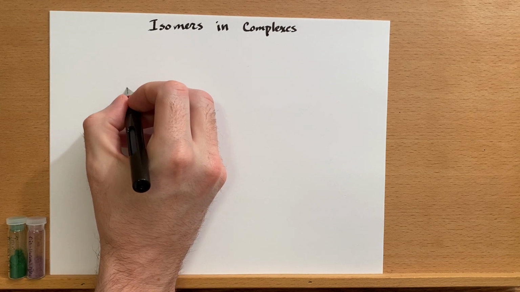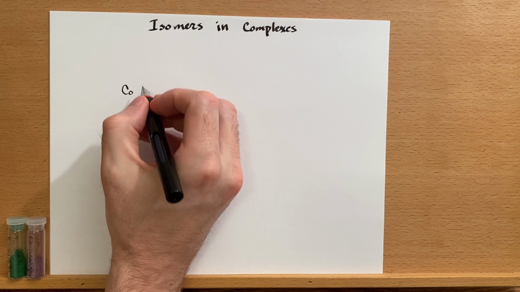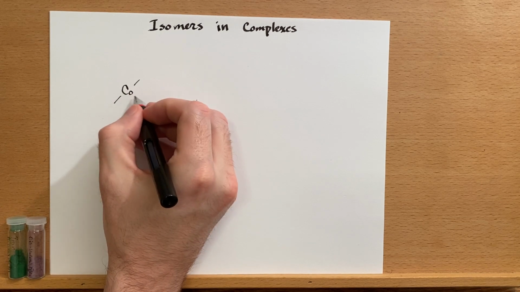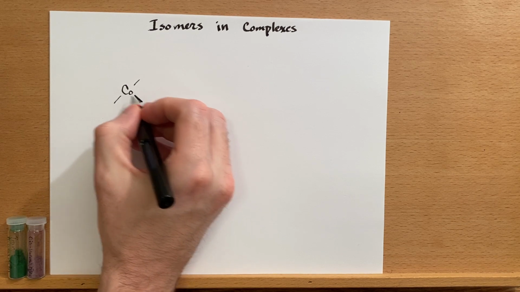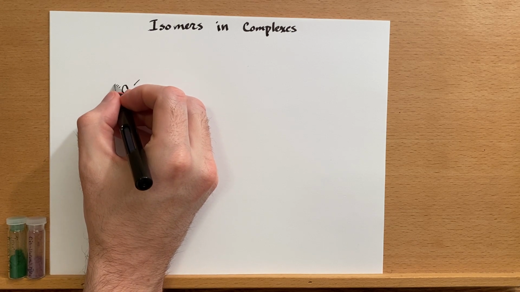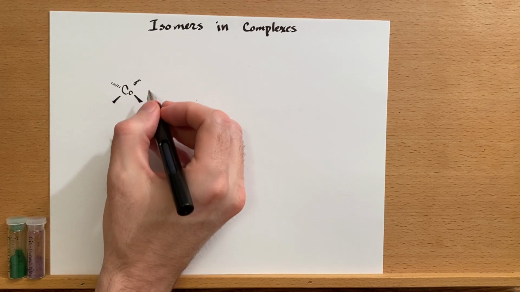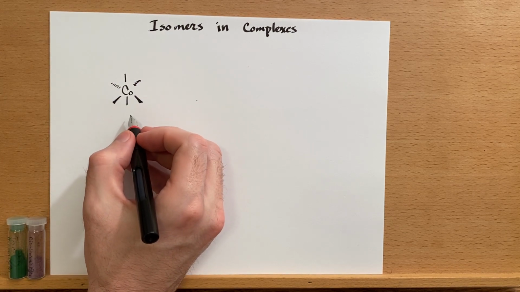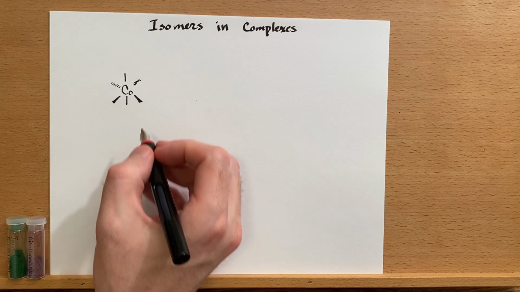So we have cobalt, and then we have our octahedral geometry, and these are coming out of the page. And these are really going into the page. I should have dashed that line too. And then these two positions are contained within the page.